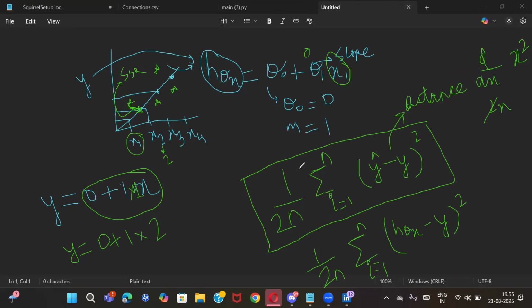What will happen if we change the theta 1 value, the slope value, from 1 to 0.5?